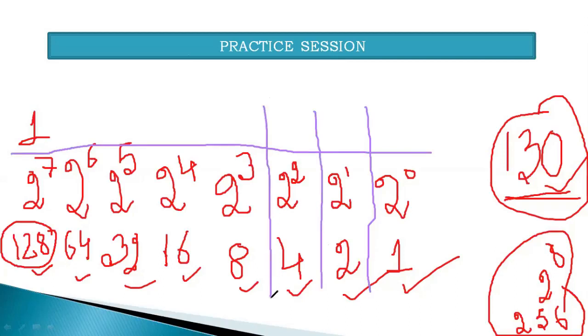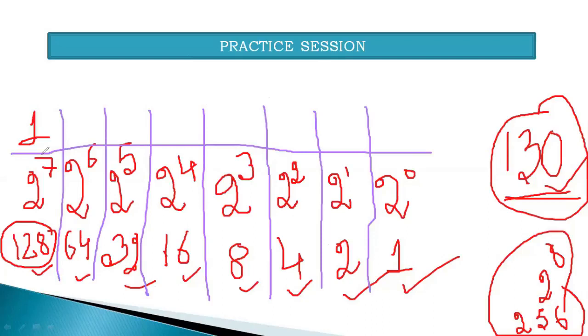This was your third position, then fourth and fifth, and this is your sixth one, this is your seventh one, and this was your eighth one. According to my question, it was 130. So due to this number 130, I decided that 128 is just nearer to 130. So I opted for 128.